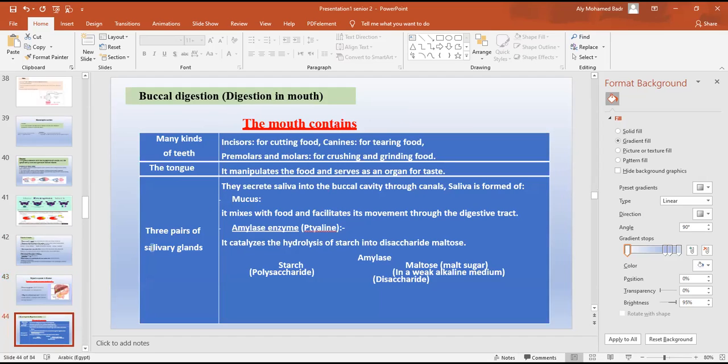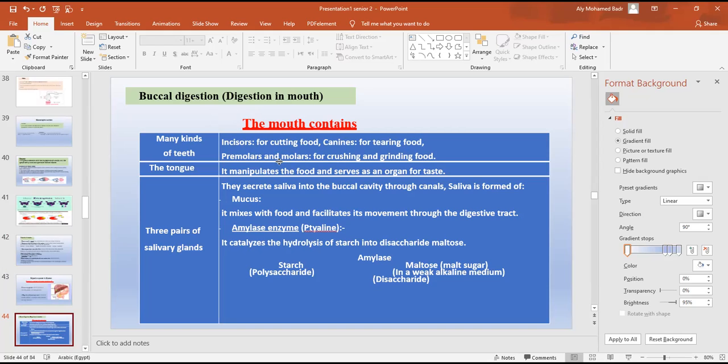Okay, let's start the digestion inside the mouth, which is the first part of the digestive system. There are teeth inside our mouth, and molars and tongue. Many kinds of teeth are present. The first kind is incisors, two in the upper jaw and two in the lower jaw.